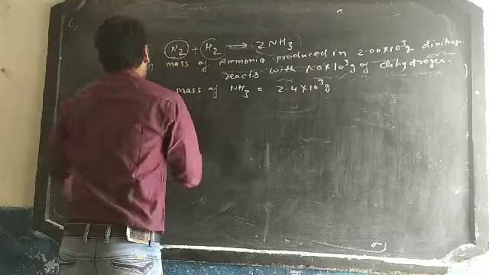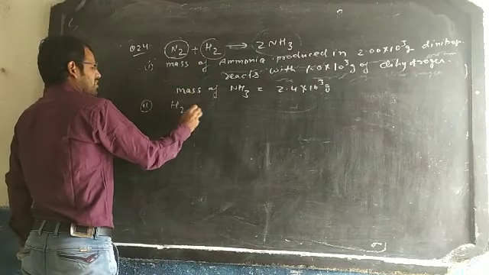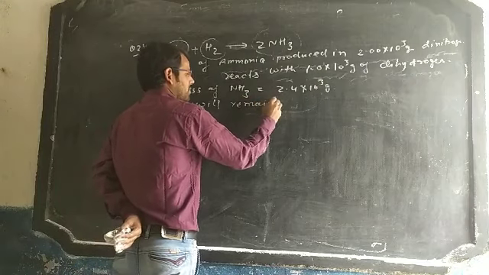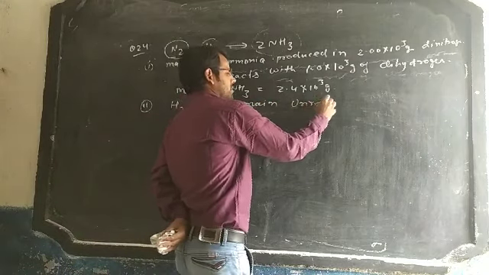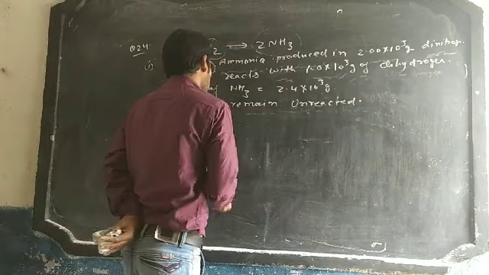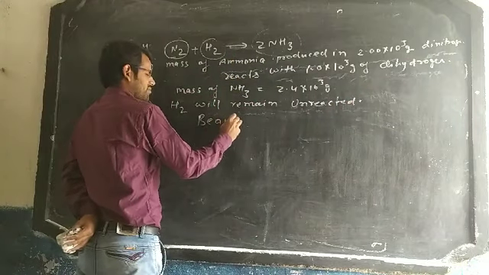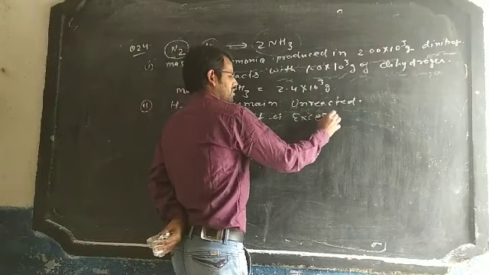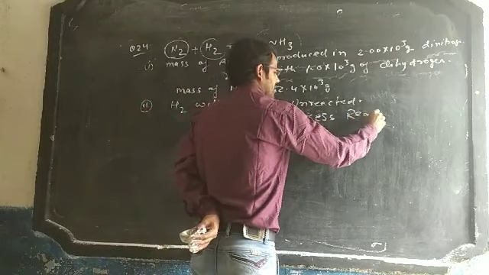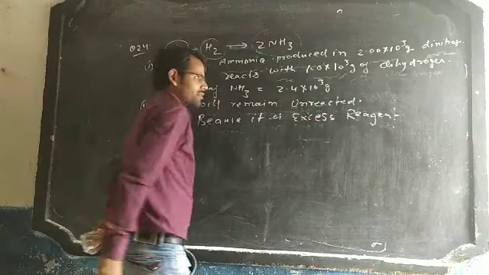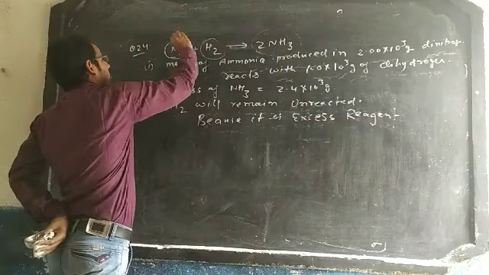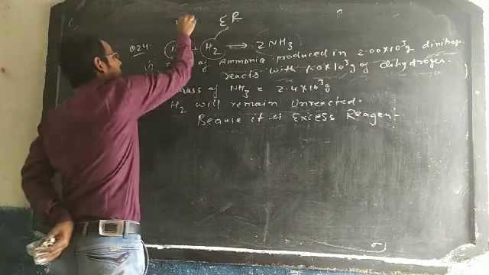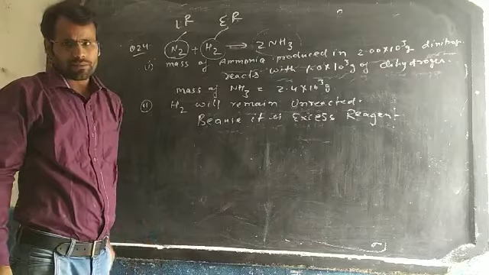And the second is, hydrogen will remain unreacted because it is the excess reagent, right? So this is the limiting reagent and this is the excess reagent. The limiting means completely used in the reaction.